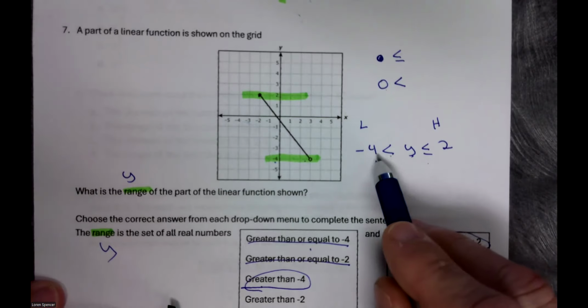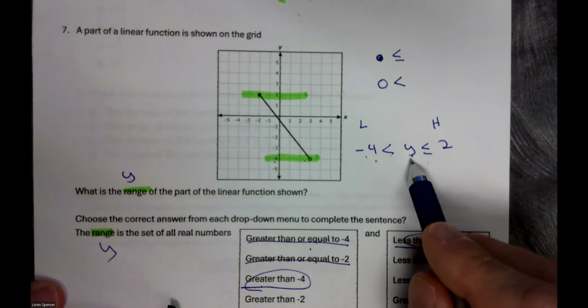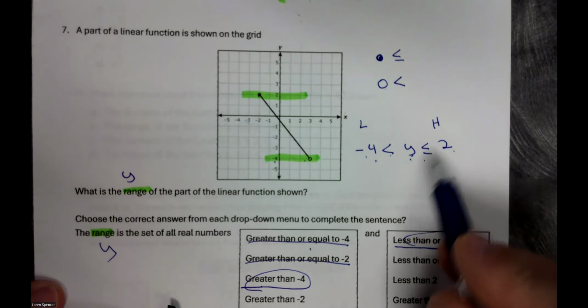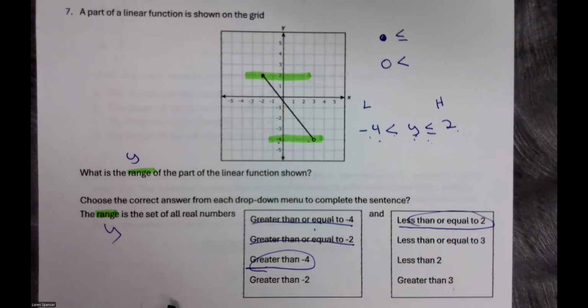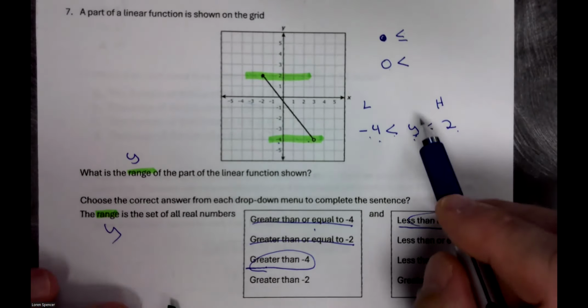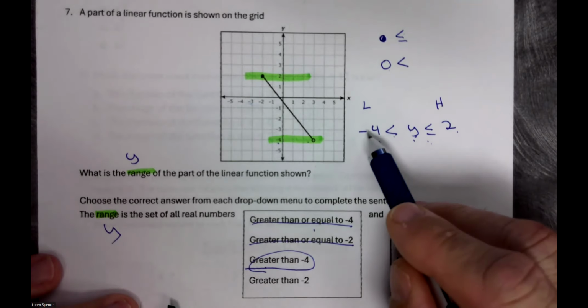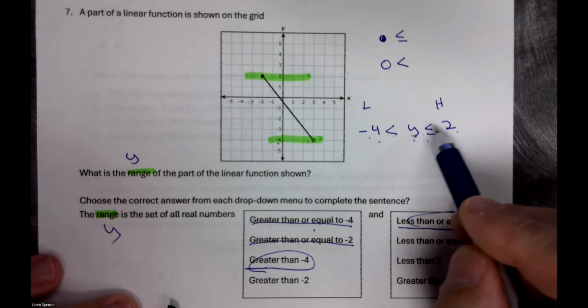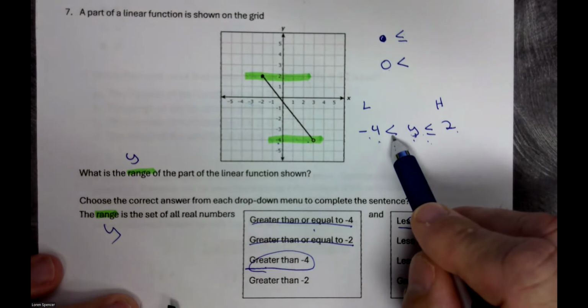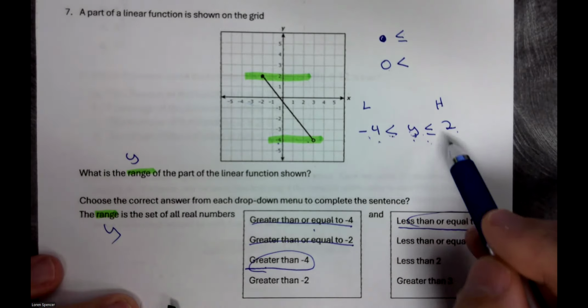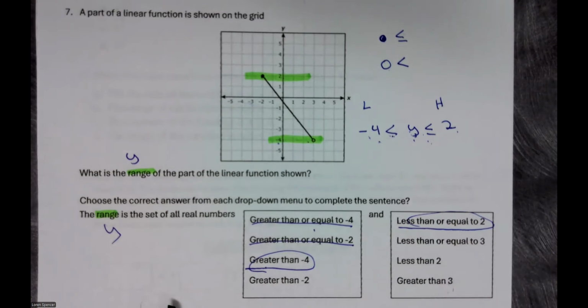So Y is greater than -4 and Y is less than or equal to 2. There we go. Again, you read it this way. I know it seems weird starting in the middle, but Y is greater than -4 and Y is less than or equal to 2.